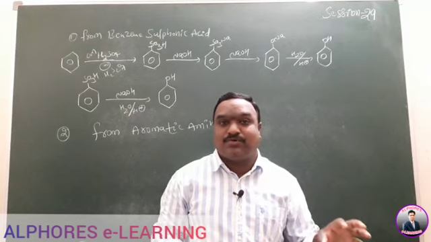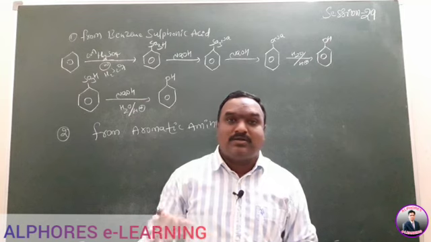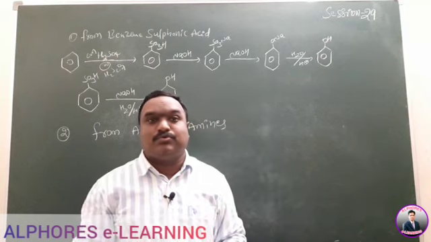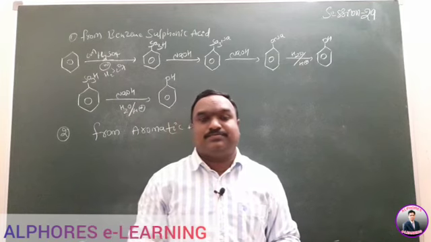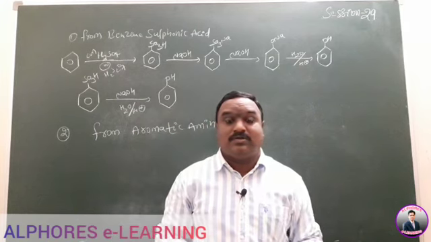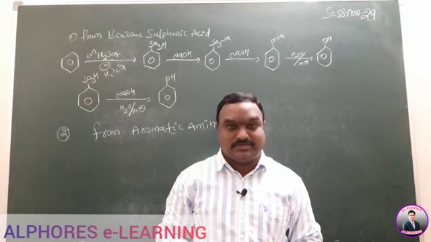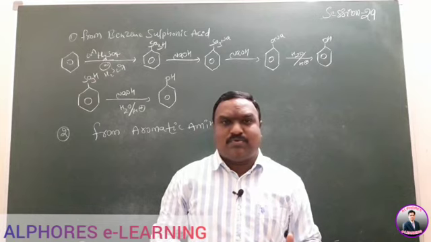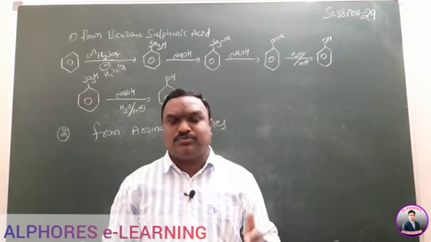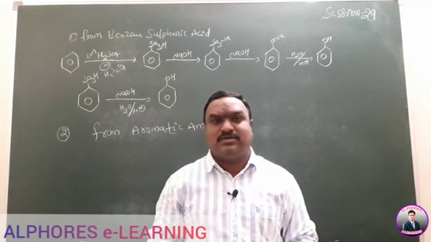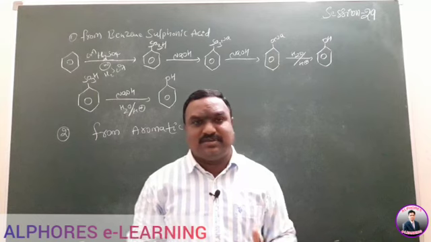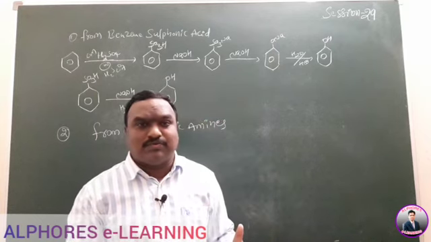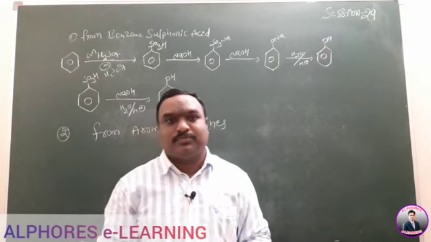That H plus is substituted by NO2 plus, forming nitrobenzene. You already know this well-known example of electrophilic substitution. The formed compound has NO2. How to get NH2? By using a reducing agent, metal and hydrochloric acid, Sn plus HCl, the NO2 group converts into NH2.